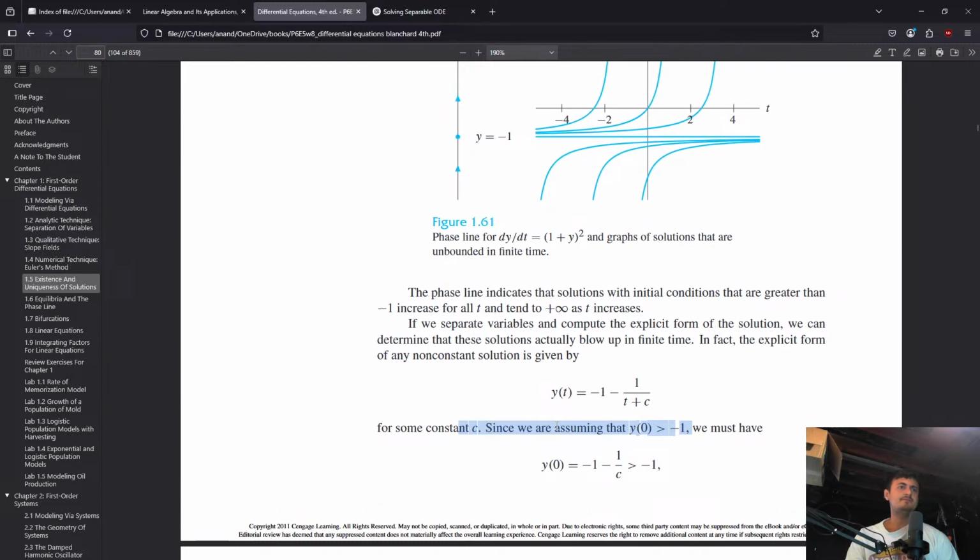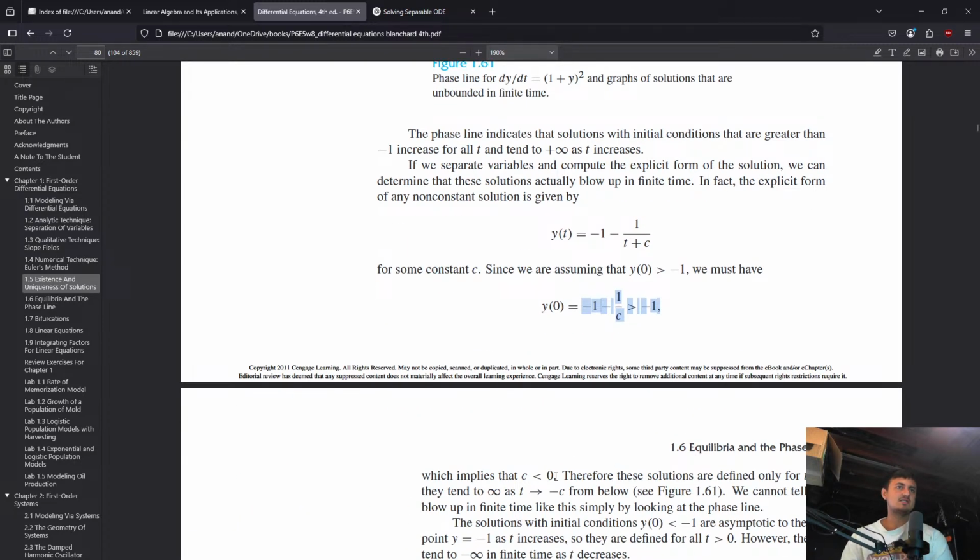So we must have, substituting for 0, -1 minus 1 over c is greater than -1, which implies that c is less than 0. Therefore, these solutions are defined only for t less than minus c.